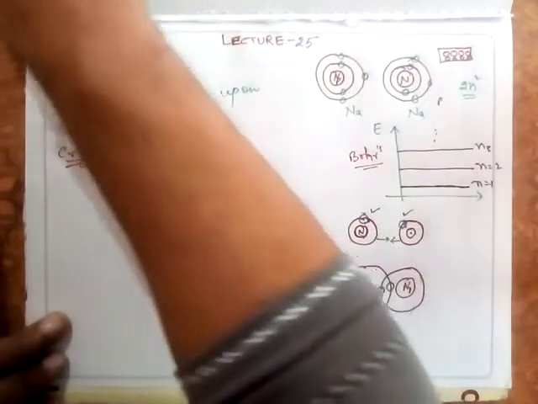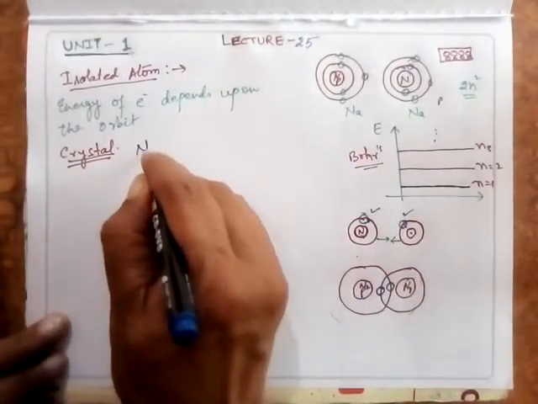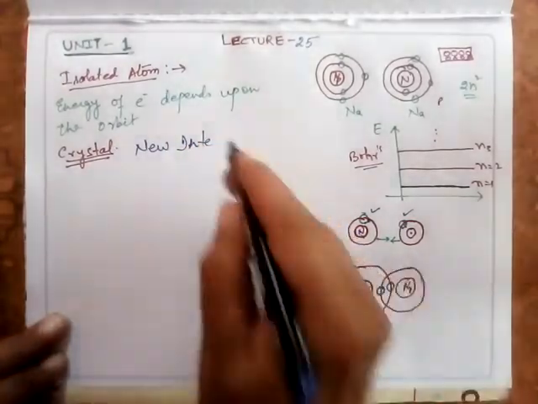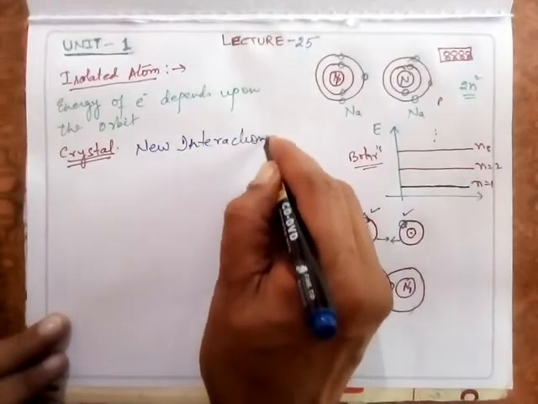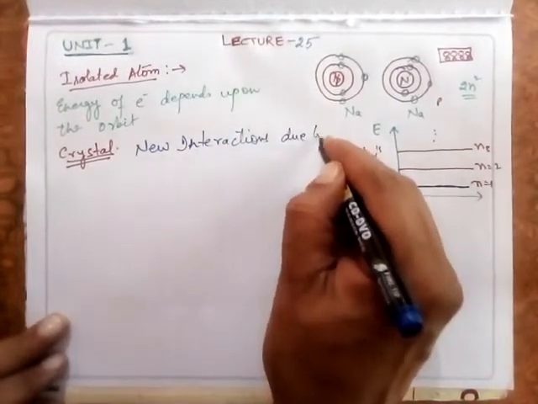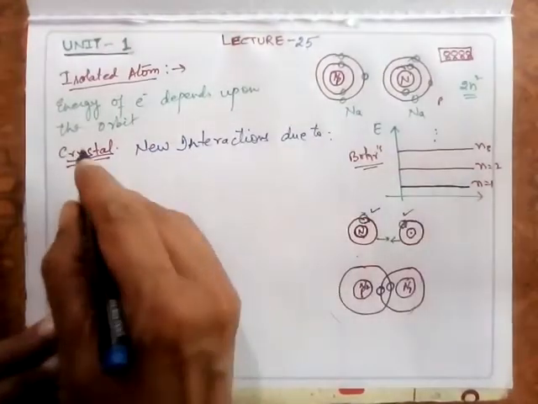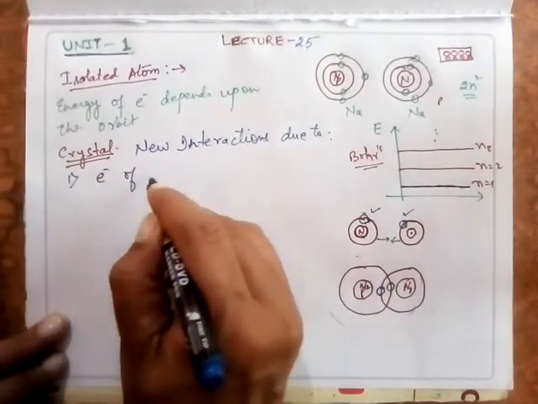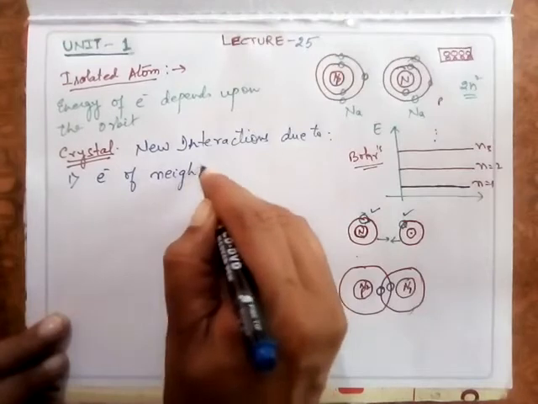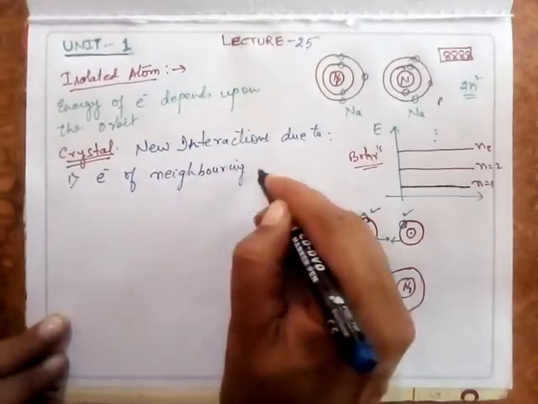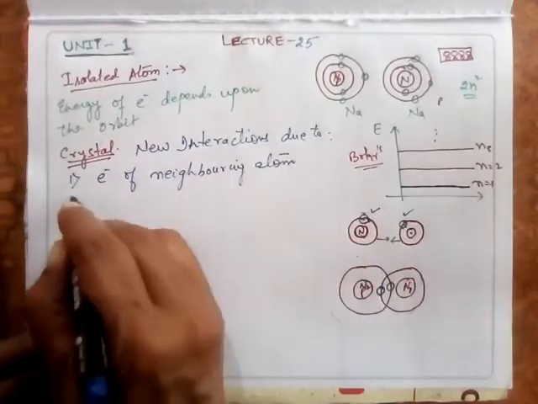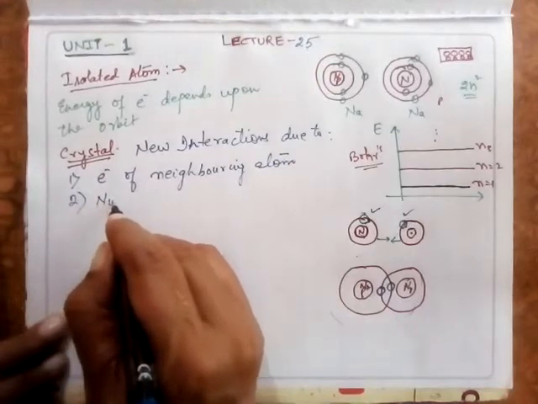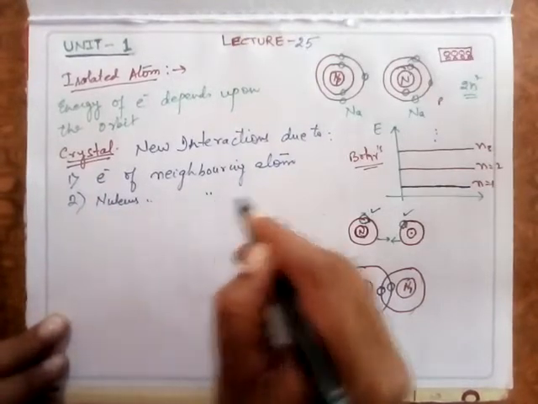So for a crystal, the electrons will have new interactions. Those new interactions are, first of all, because of the electron of the neighboring atom, and secondly, because of the nucleus of the neighboring atom.